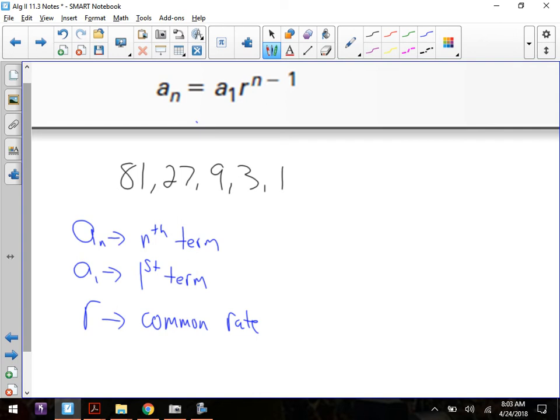All right. So if I want to write that real easy sequence of 81, 27, 9, 3, and 1. What's my first term? 81. What's my common rate? 1/3. So all I would do is this.